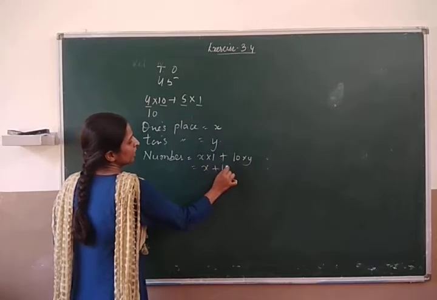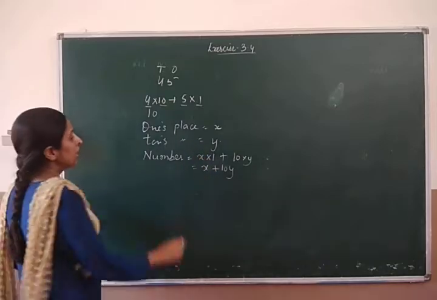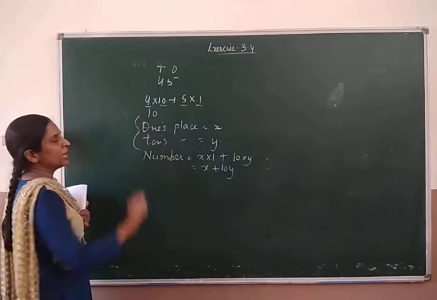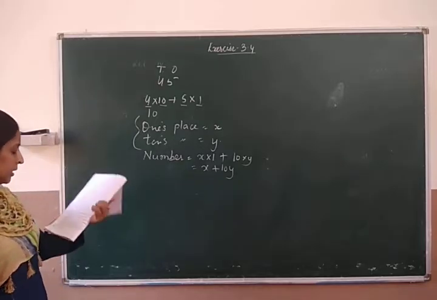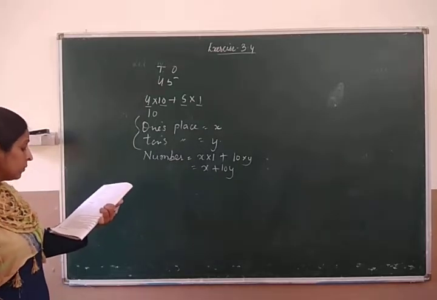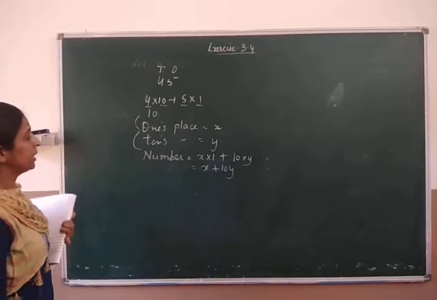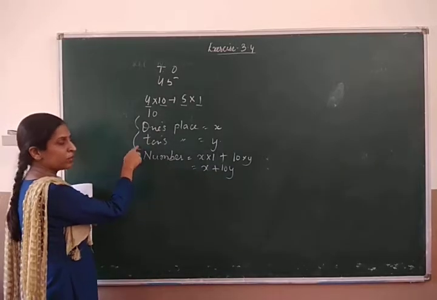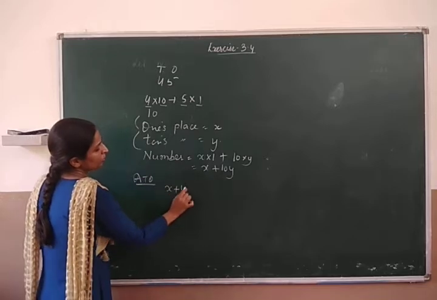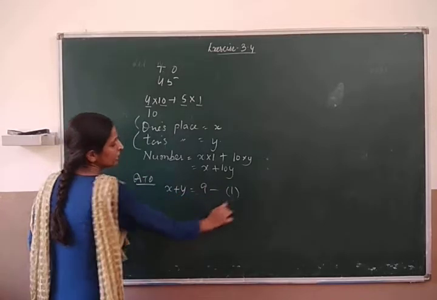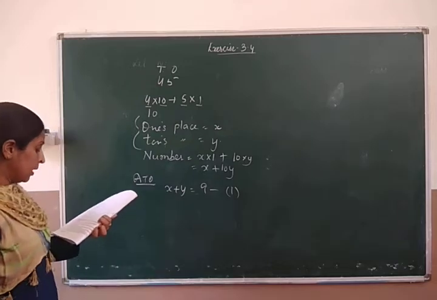So my number will become x plus 10y, right? And if I am going to add the digits, then I will be taking x plus y only. So keeping this thing in mind, I start with the question. The sum of the two digits of a two-digit number is 9. Ones place, tens place we have assumed. So according to question, the sum of the digits is 9. This is first equation.